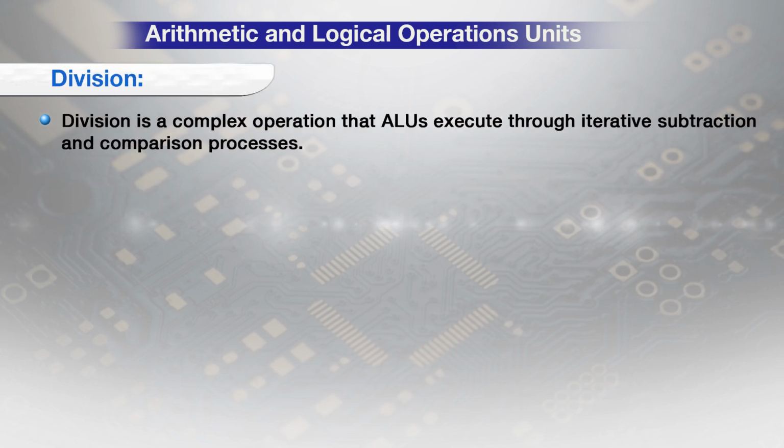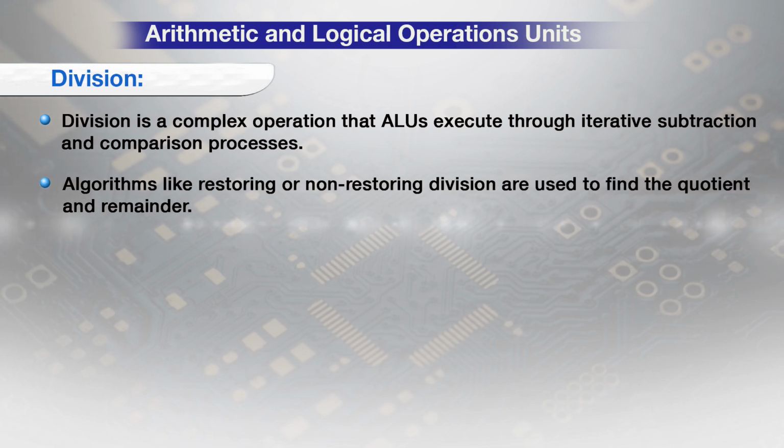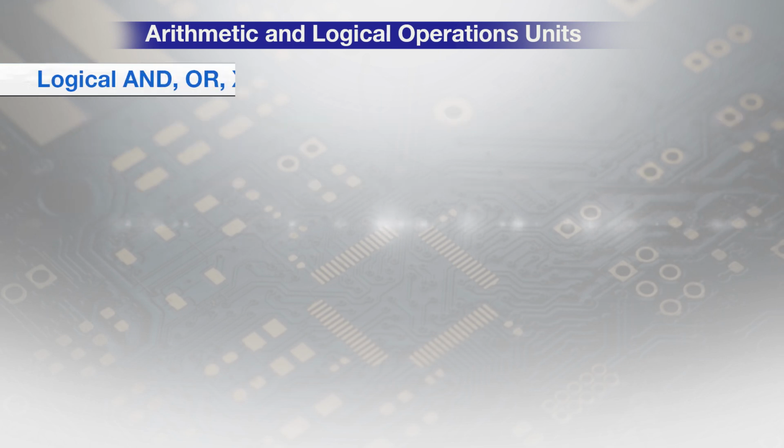The next is division. Division is a complex operation but the ALU executes it through iterative subtraction and comparison processes. Algorithms like restoring or non-restoring division are used to find the quotient and remainder.